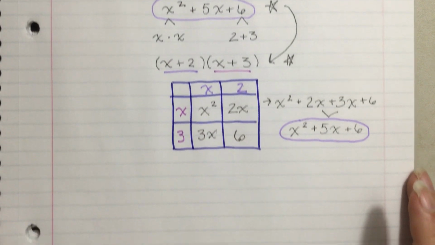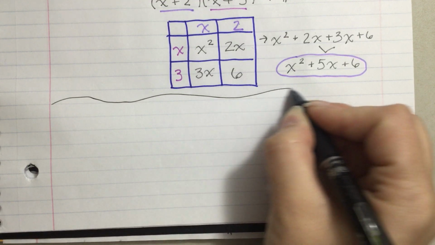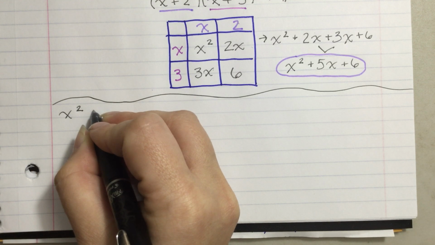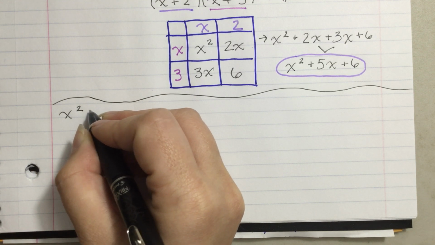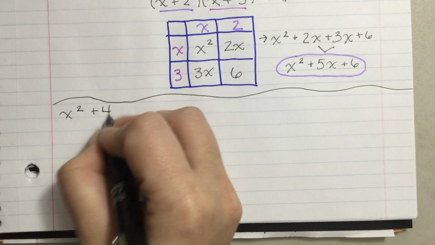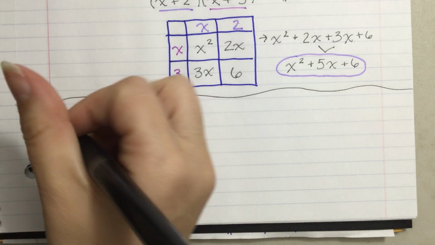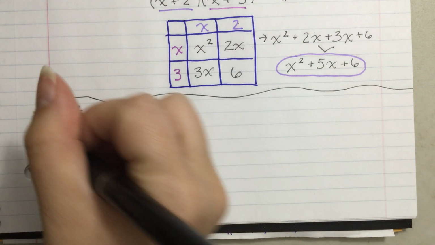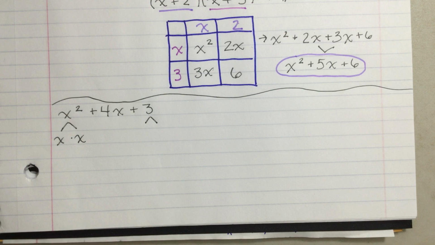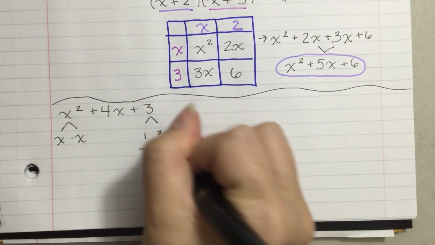So I'm going to give us another one to see if we can do that. Let's say that we start out with x squared plus 4x plus 3. So there's only one way to split up x squared, x times x. There's a couple ways though to split up 3. I can do 1 and 3 and -1 and -3.